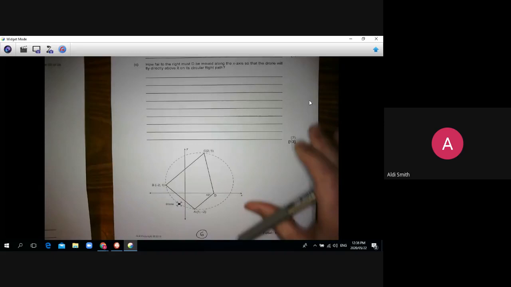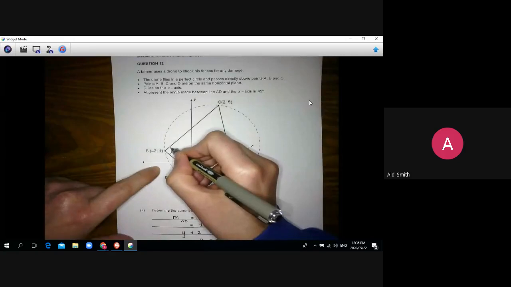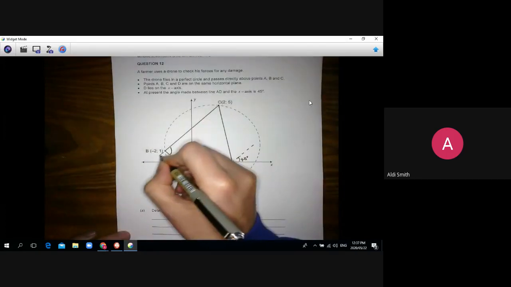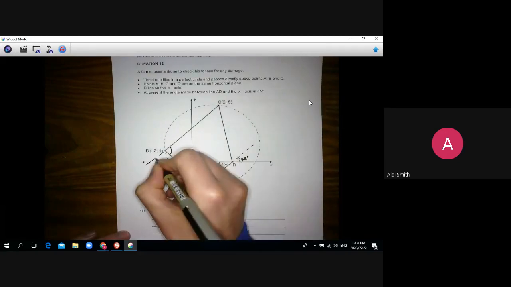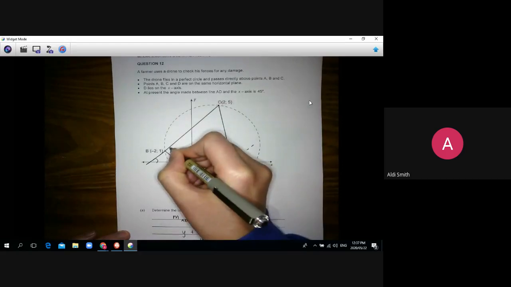Now the next question says, calculate the size of angle ABC. If I want to find the size of angle ABC, you should notice, and I did do revision of this in the notes on the grade 11 revision, where I said, if you want to find the angle between two straight lines, first things first, I always need to find the inclination of the two lines. So if I extend this line going down, I need to find the inclination of that line because that's one of the lines that forms this angle.